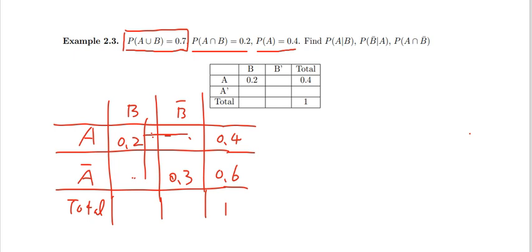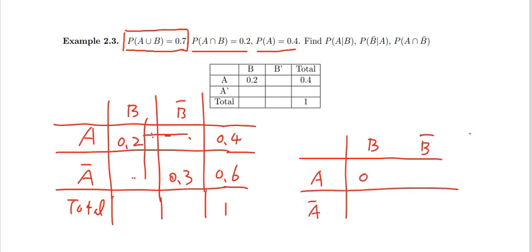So now we can fill out this table, then we can answer everything. So let's say B bar, A bar. Okay, so 0.2, okay, 0.4.